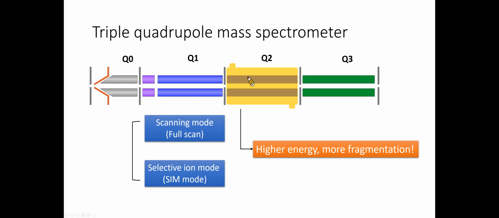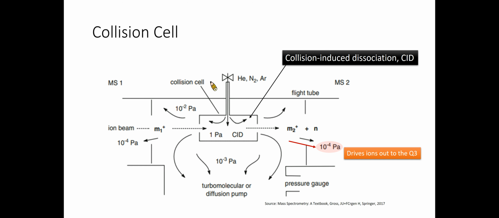Fragmentation is controlled by the applied energy when the ions enter the collision cell. The higher the collision energy, the more fragmentation you expect. Q2, the linear accelerator collision cell, is usually filled with high purity helium, nitrogen, or argon gas.